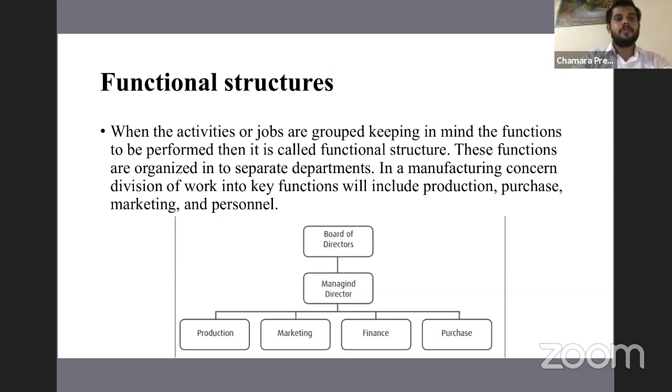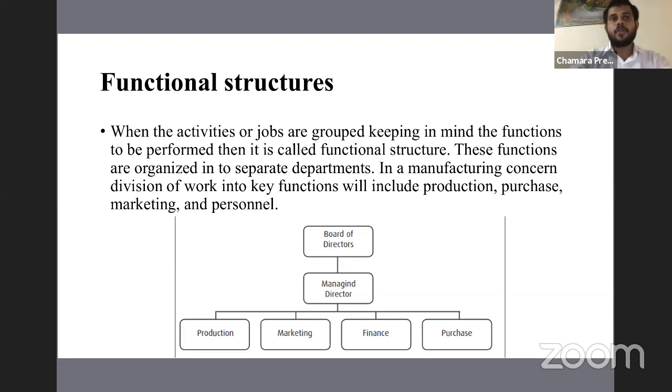We have different functions in an organization. Let's say marketing, production, and then managing human resources, managing finance, different functions in an organization. According to them and based on these different functions, if we develop a structure, that is called a functional structure.